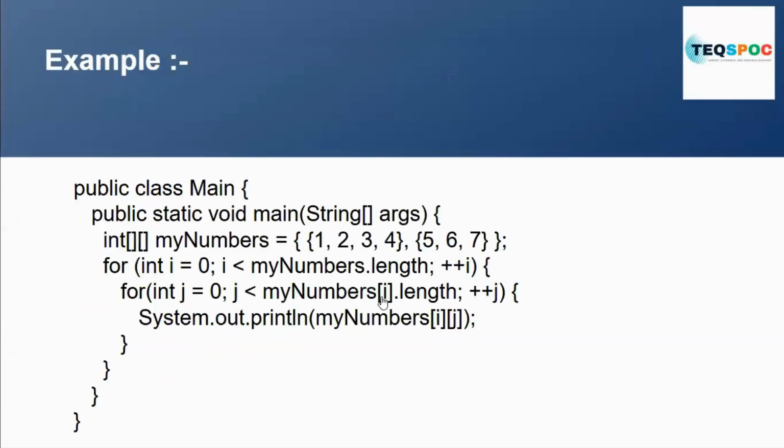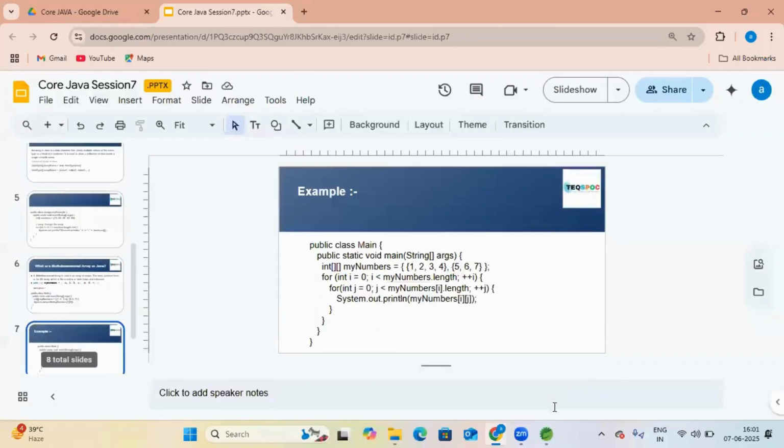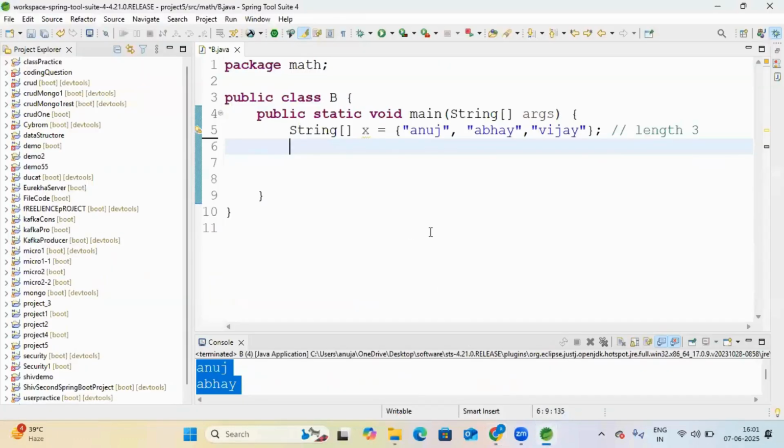So let me show you practically how to create a multi-dimensional array. So this is one array. Now I will create a multi-dimensional array. int, if I create this, it is only one array.